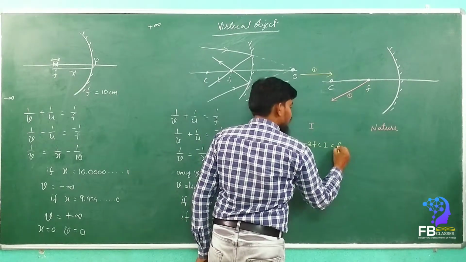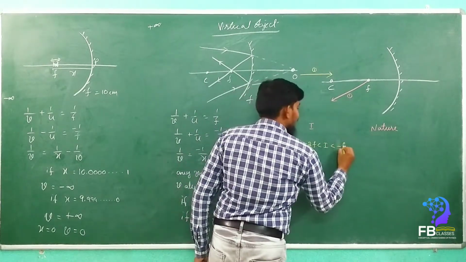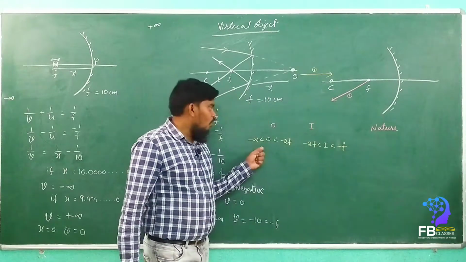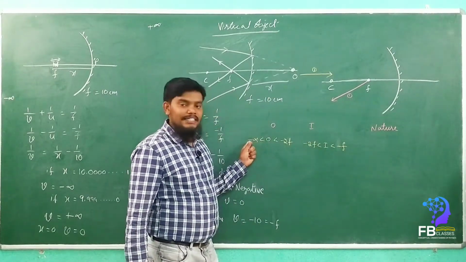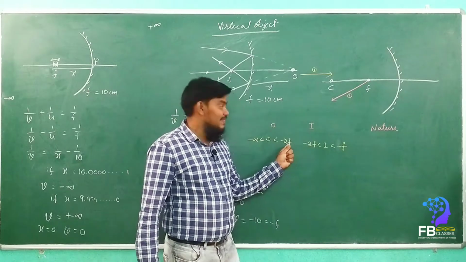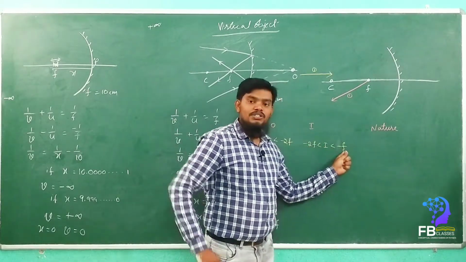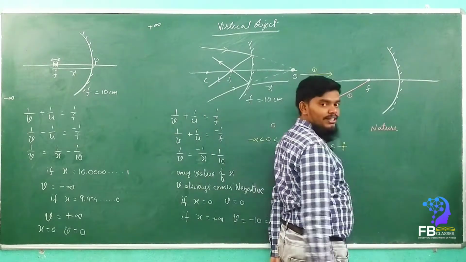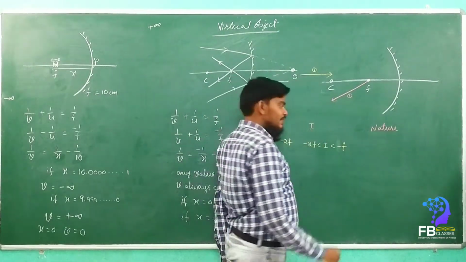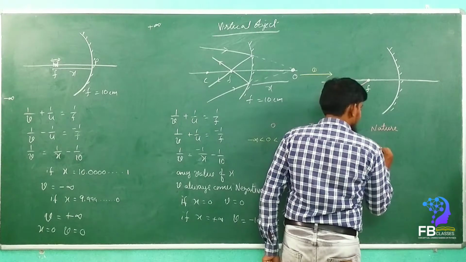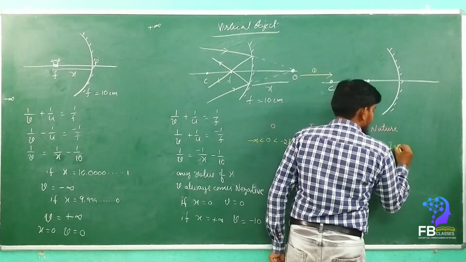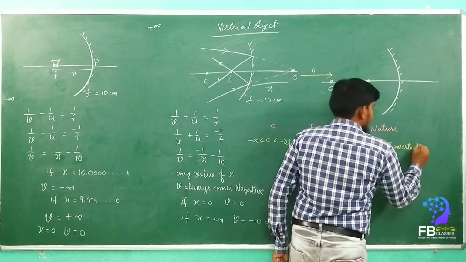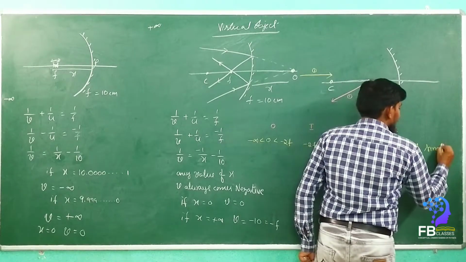It is minus f. When the object is moved from infinity to C, the image is moved from F to C. Got it? What is the nature here? Real, inverted and smaller. Yes or no?